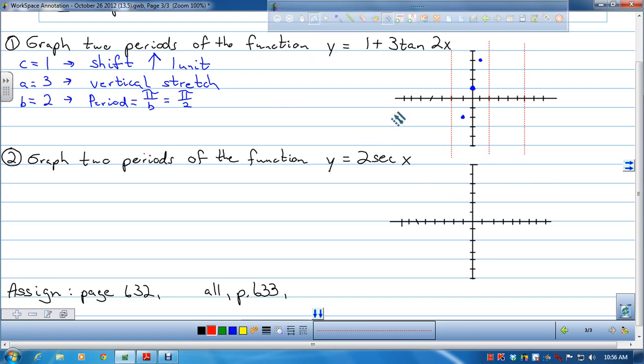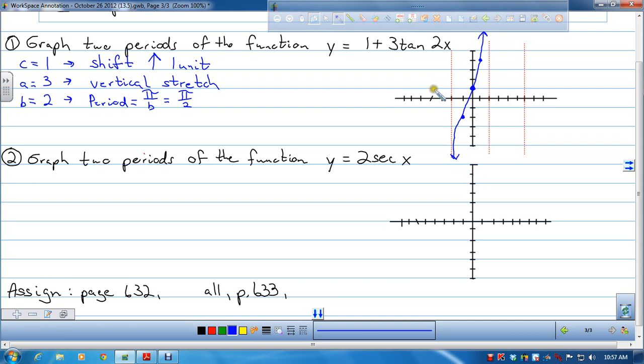So I'll go back to my pen and do my best to draw this in. It's kind of hard on this. I'm going to start over there. I'm getting real close to that asymptote, and I know I'll never cross it, right? So that's really stretched out, isn't it?